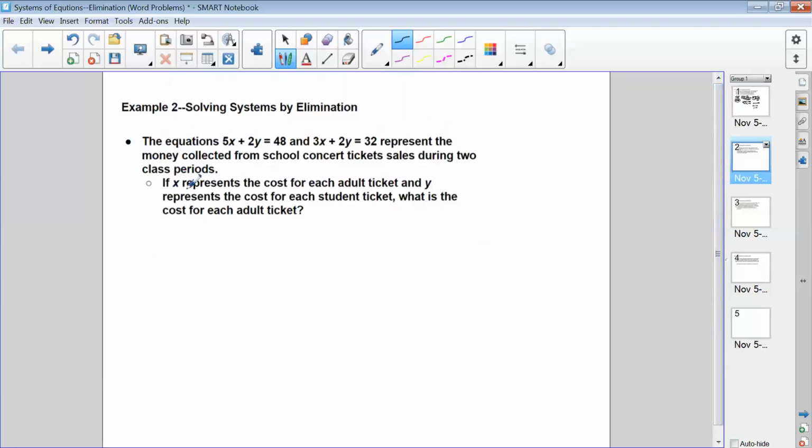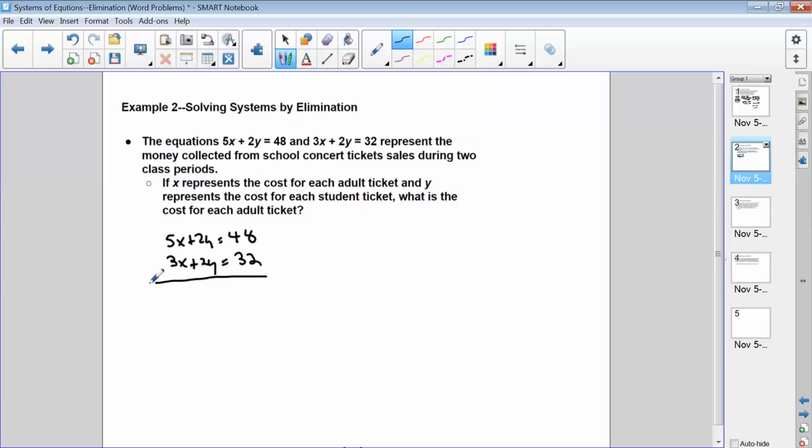Question number 2, we've got 2 systems, and they're represented by money collected from school by concert tickets. So you got 5x plus 2y equals 48, and 3x plus 2y is equal to 32.